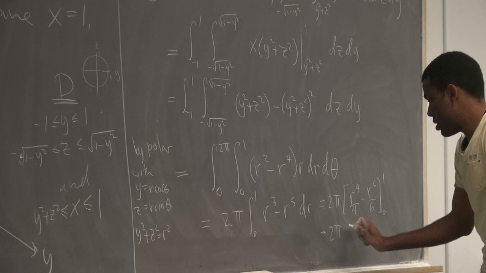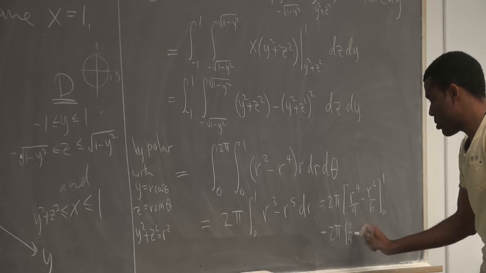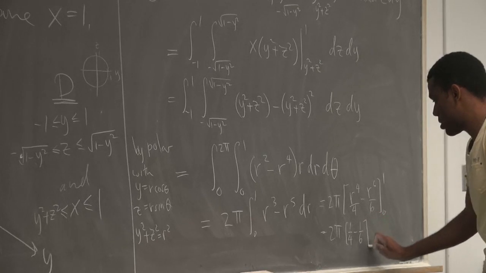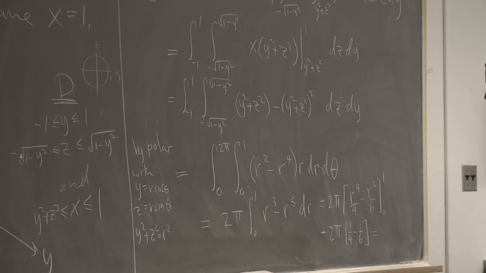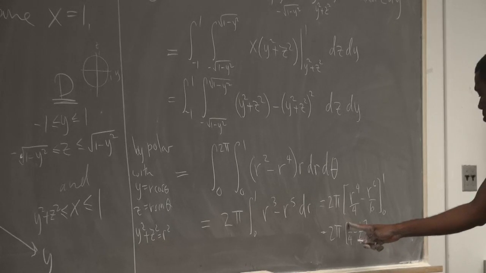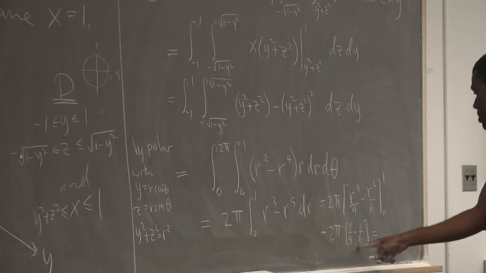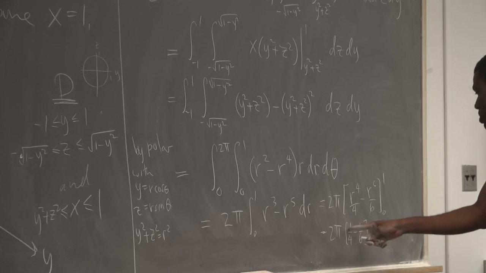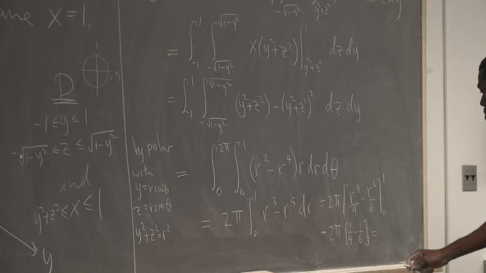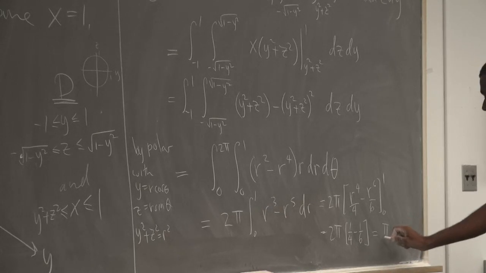So it's 2 pi times 1 over 4 minus 1 over 6. Which is what? Well, the common denominator is 12, right? So this is 3 over 12 minus 2 over 12, so that's 1 over 12, right?